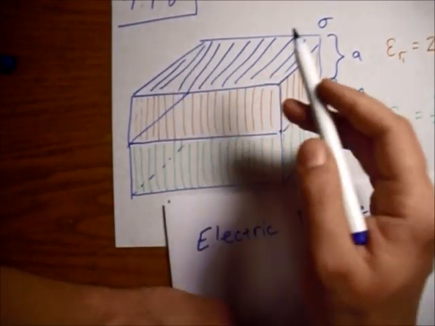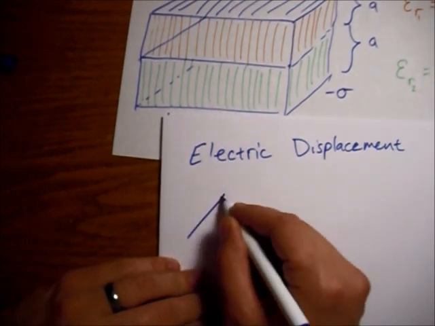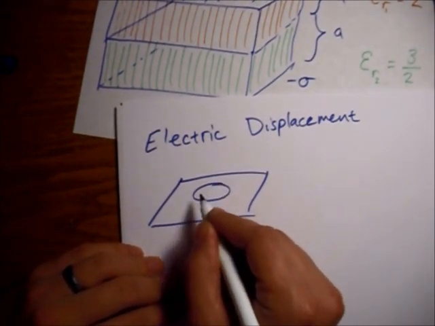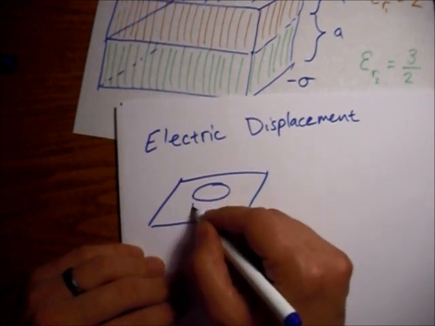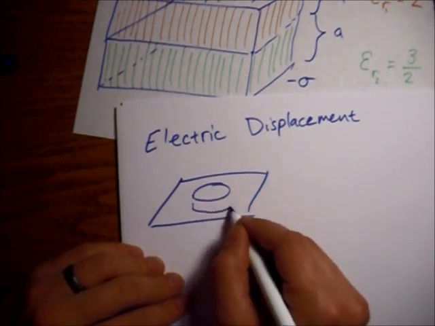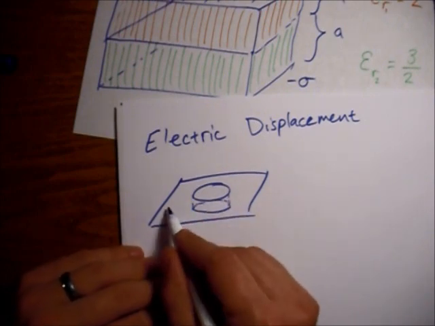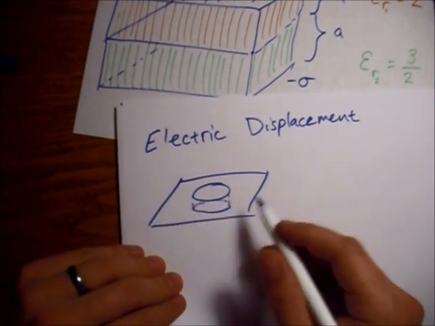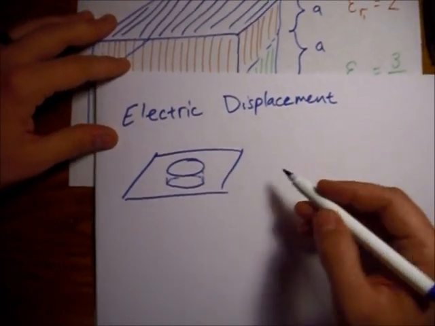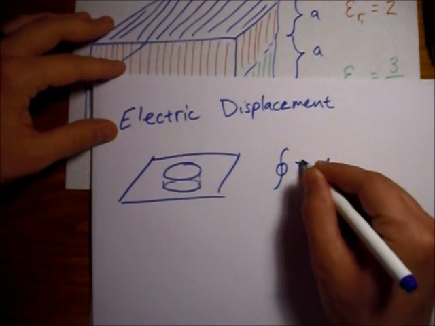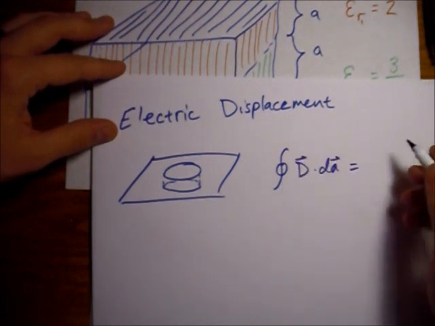And so if we take, say, the top surface here, and we have a little Gaussian pillbox sandwiching this surface, Gauss's law gives us this.